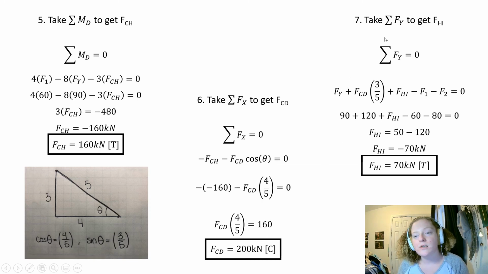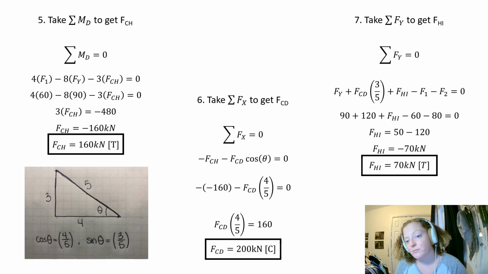Then we can take the sum of the forces in the y direction again to get HI. Once again, it's going to be Fy plus FCD times 3/5 plus FHI minus F1 minus F2 is equal to 0. If we plug in all the things we've just found, we get 90 plus 120 plus FHI minus 60 minus 80 is equal to 0.